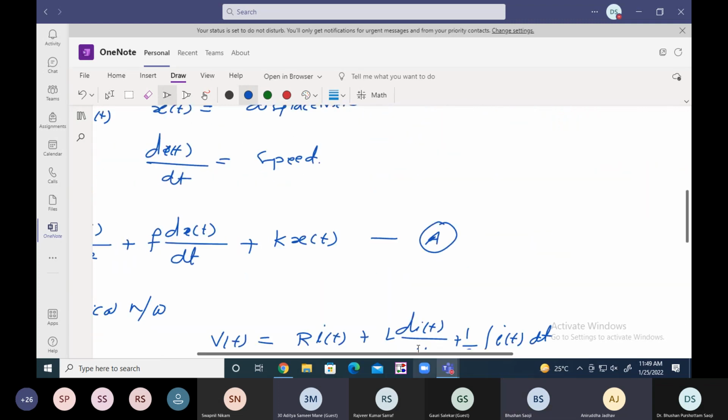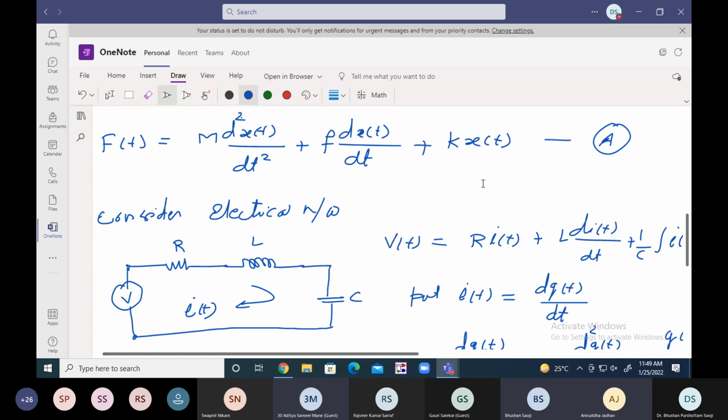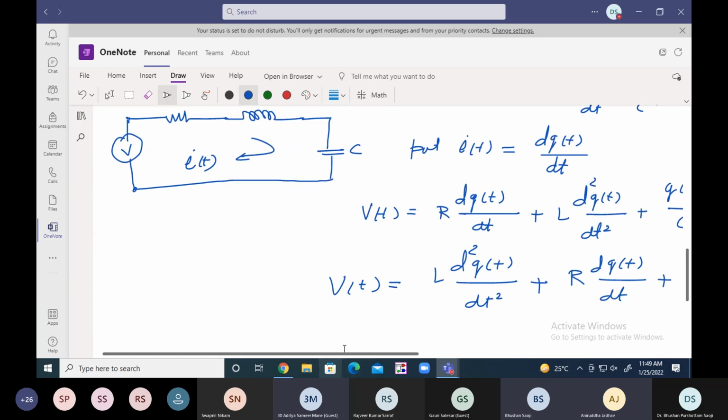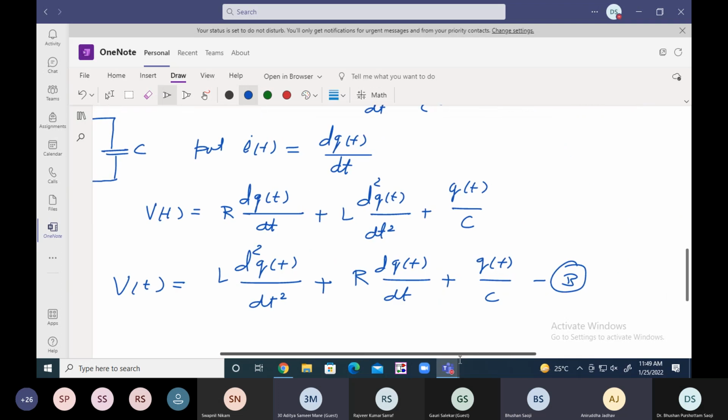Now see here, equation A is F of t equals something, and equation B is V of t equals something.